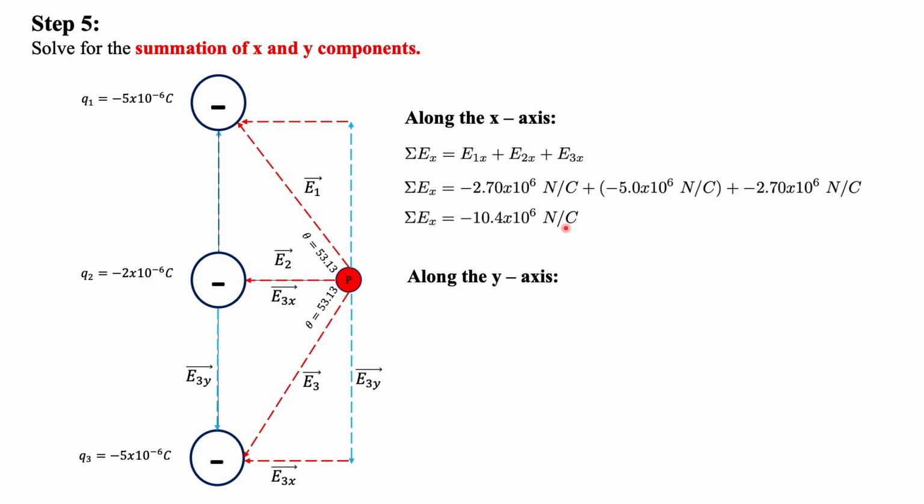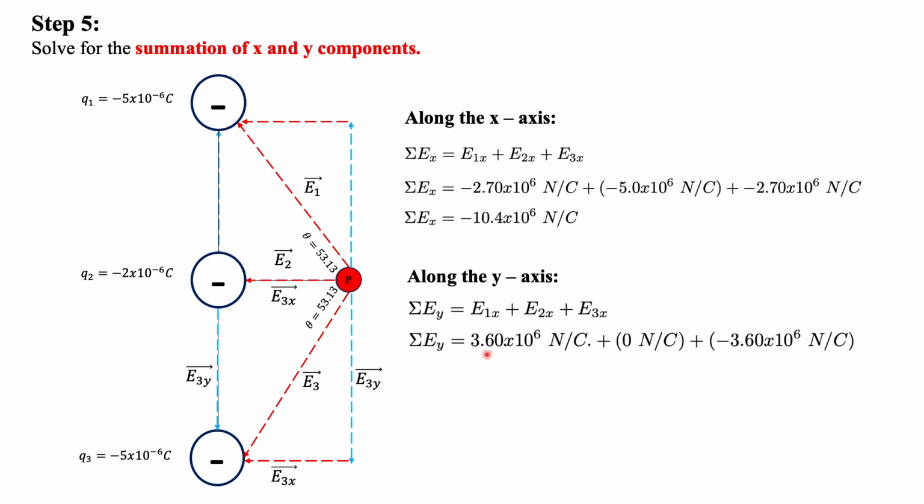Now along the y-axis, I'm hoping you're thinking that it should be 0. You just take the same thing: the sum of all the Ey. There's a little bit of a mistype here. There should be E1y, E2y, and E3y. Substitute the values that you got from the calculation: 3.6 times 10 to the 6, 0 for E2y, and negative 3.6 times 10 to the 6 for E3y.